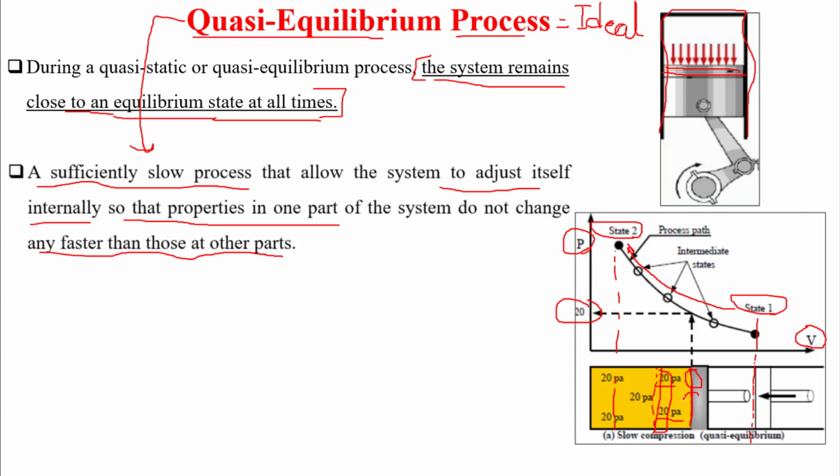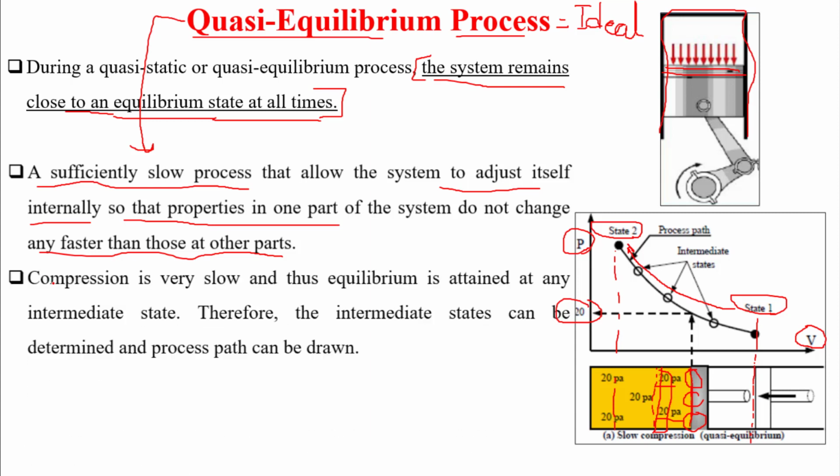It could be at the middle or far at the edge. At all parts, at any instant, a property such as pressure is the same. Compression is a very slow process, so the system adjusts itself and equilibrium is attained. We can reach equilibrium very easily with a slow process at any intermediate state.